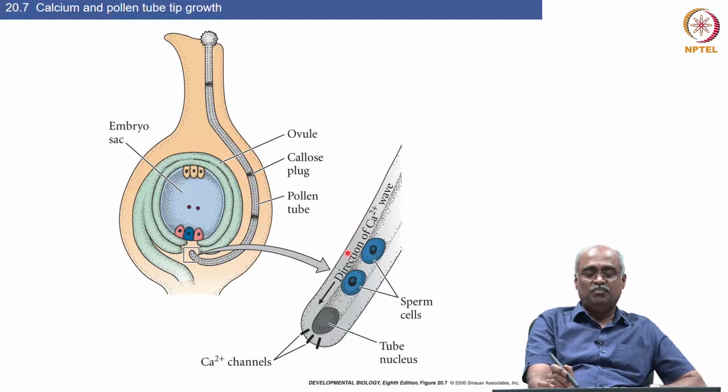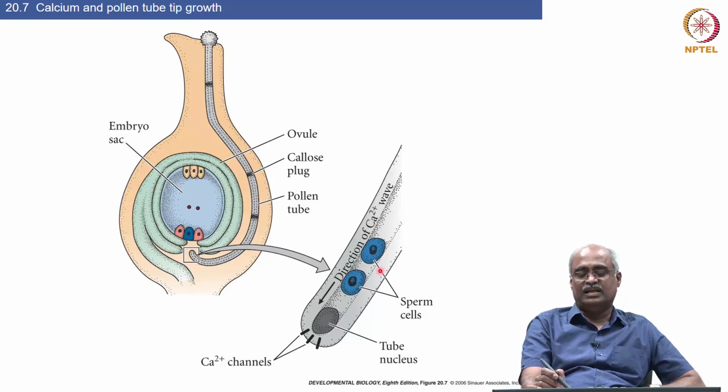And in the incompatible situation, it has been observed that this calcium wave is disturbed, and when the calcium wave is disturbed, again you do not have successful germination of the pollen grain. So, this is a third variety.